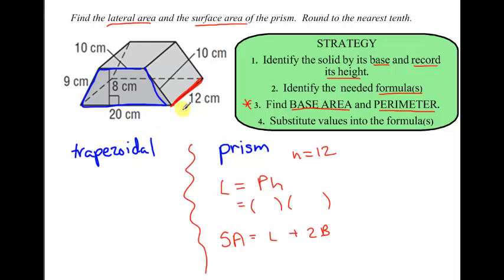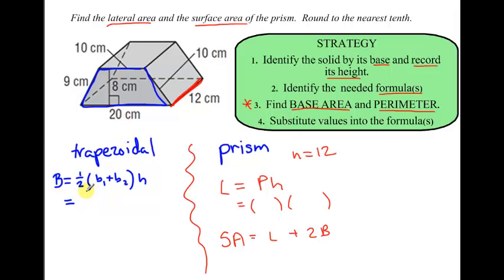Now we're on step 3, and we have to figure out the base area and the perimeter. So we have a trapezoid, and we need to get its base area. We're going to call this big B for base area. And in a trapezoid, that formula is 1/2 of the 2 bases of the trapezoid, of course multiplied by the height of the trapezoid. So to our trapezoid we look.